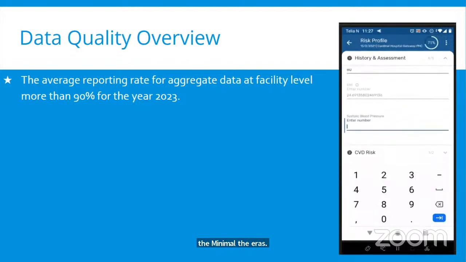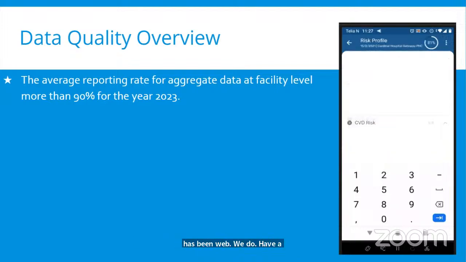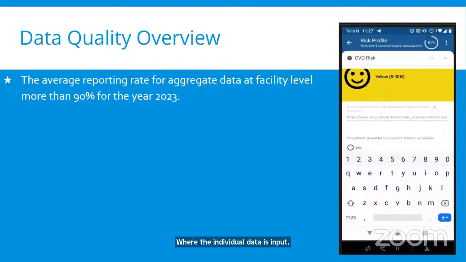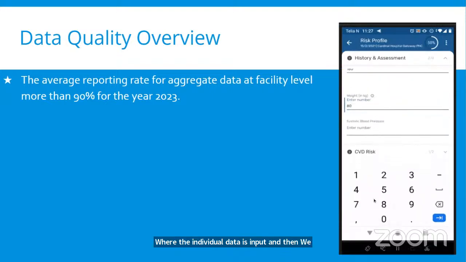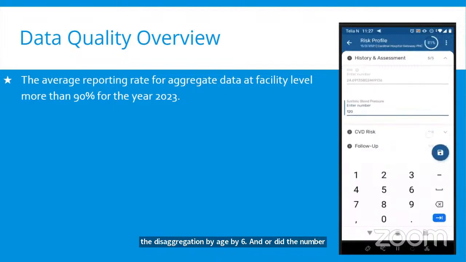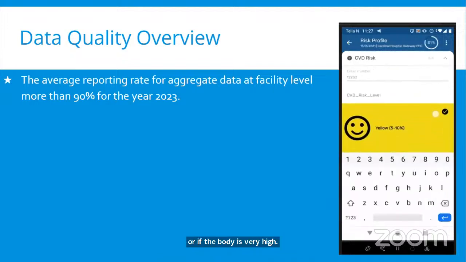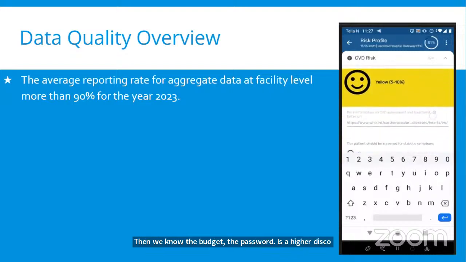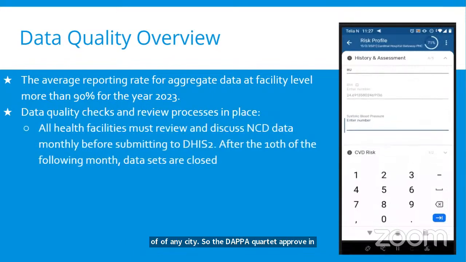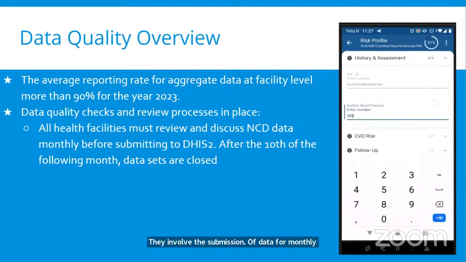From my screen here, you can see, for example, a screen where we do community screening, where the individual data is input, and then we can have the disaggregation by age, by sex, or the number, and if the value is very high, then we know the person is at high risk of NCD.